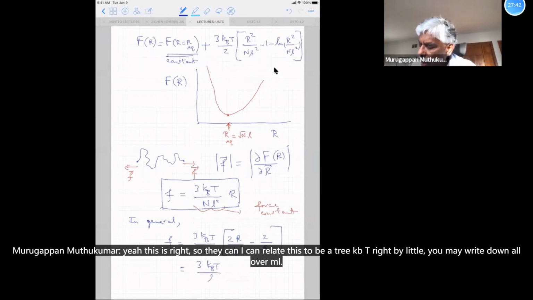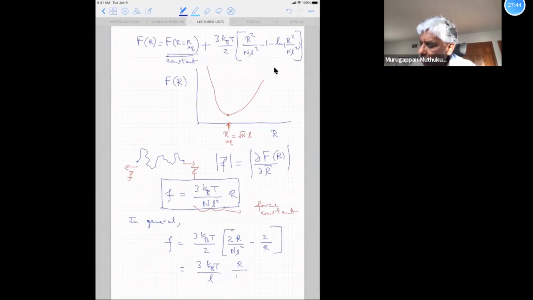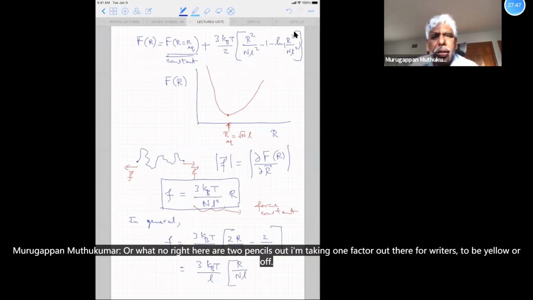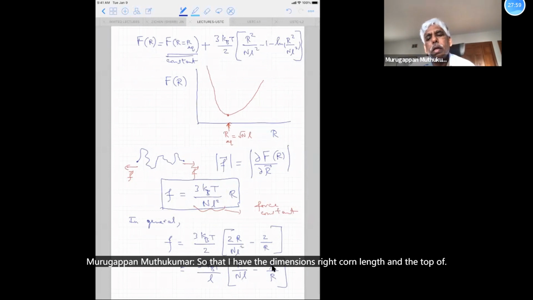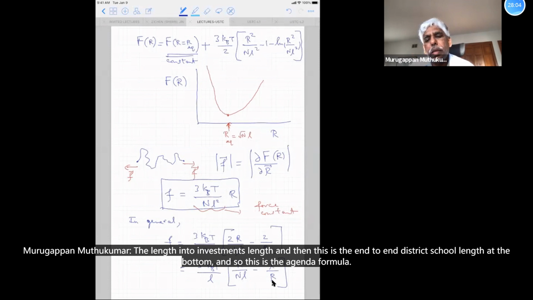Let me write down R over NL. R2 cancels out. I'm taking 1 factor of L out. Therefore, I'll write this to be L over R, so that I have the dimensions right. The Kuhn length on the top, R is the end-to-end distance length. And then this is the end-to-end distance over the Kuhn length at the bottom, and N.